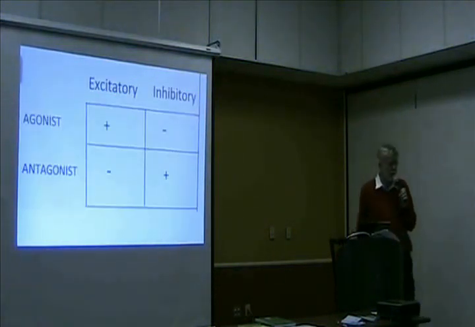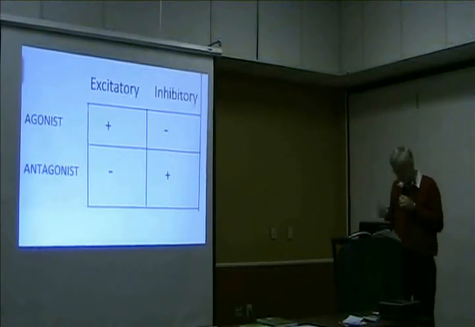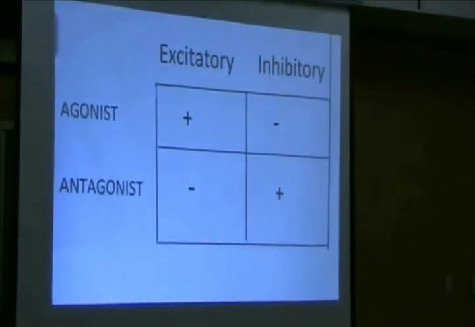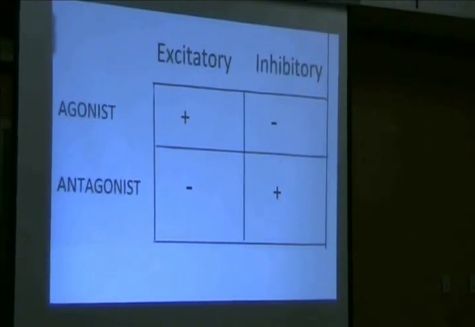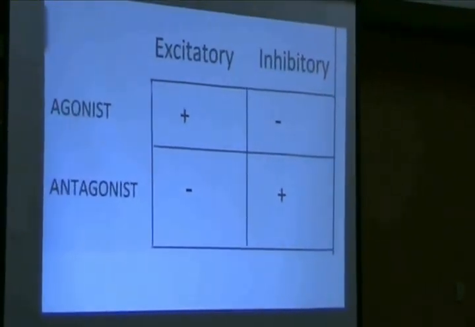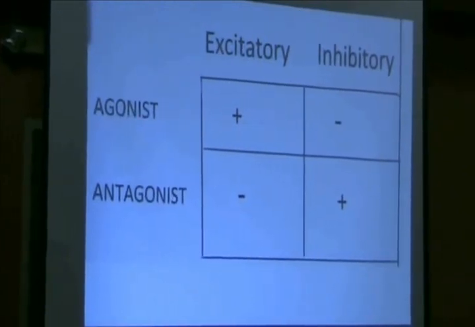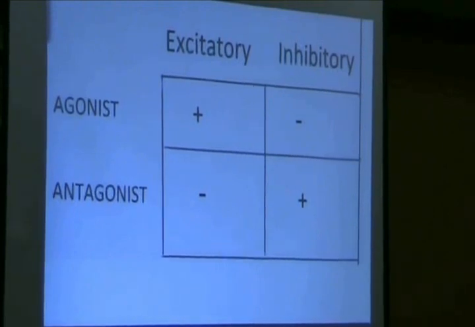Now, this gets a little complicated. Let's see if we can understand this. We're going to go through this and then we'll take a break. Remember, receptors can either be excitatory or inhibitory, which means they either work in the direction of turning the cell on or they reduce the likelihood of the cell being turned on.